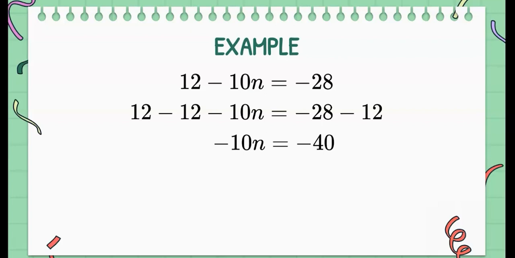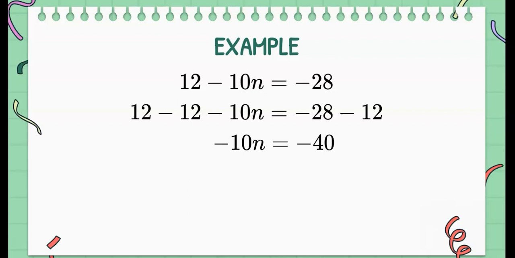So the subtraction was our first step. Now we have to get rid of, or cancel out, that coefficient of negative 10. I always cancel out coefficients in exactly the same way: I multiply by the reciprocal. Whenever you multiply a number by its reciprocal, it cancels out, leaving you with a coefficient of 1, and that's what we want on our variable. That's when we have our solved equation.